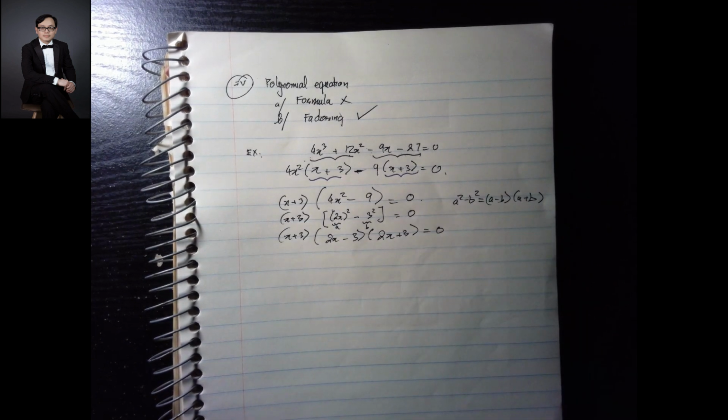Now, what I have here, I see that I cannot factor anymore. So the decision that you should factor more or stop factoring, that decision you have to make yourself. No one can make that decision for you.